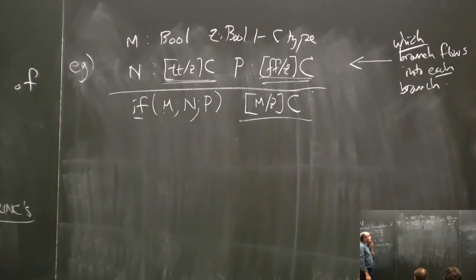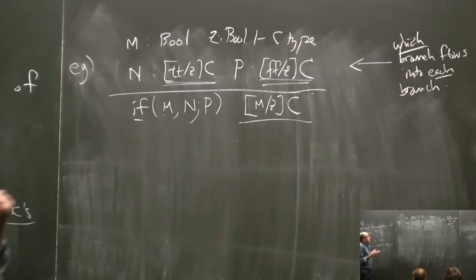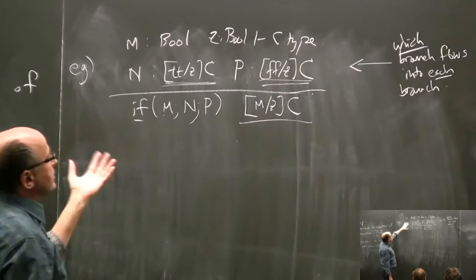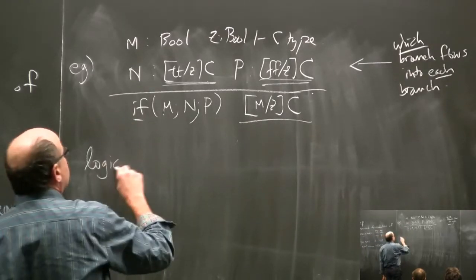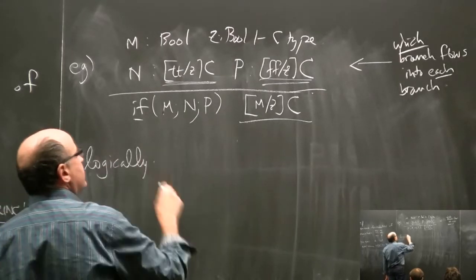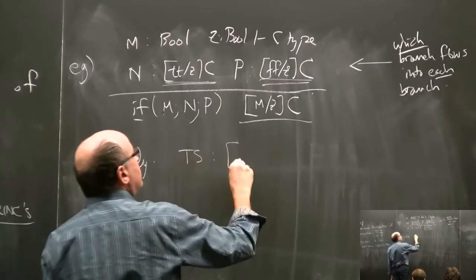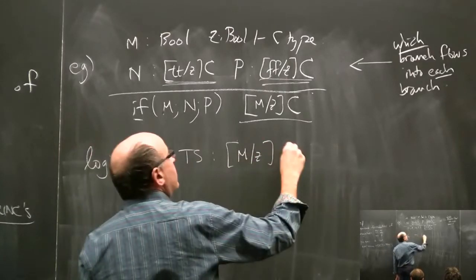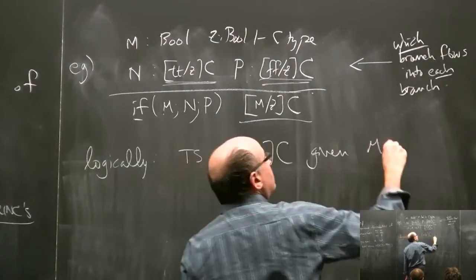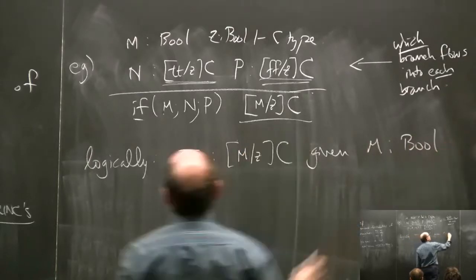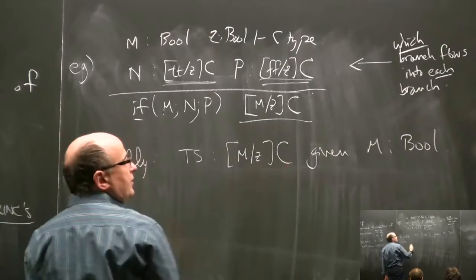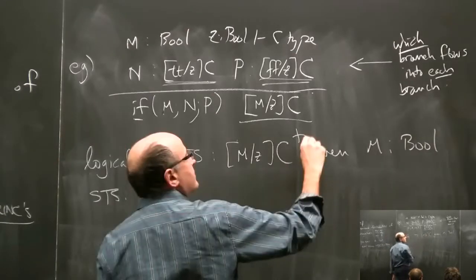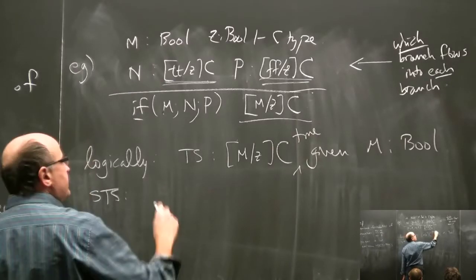So that's unusual from the point of view of very ordinary programming languages, but it's of the essence in dependent type theory. This is what we've done. And then, as I mentioned, viewed logically, what it says is, if you want to show M for ZC, given that M is a Boolean, this is the most general of cases, then it suffices to show, meaning show that this is inhabited, so I'll just write it like that, or I could write that as true if you want to say it.